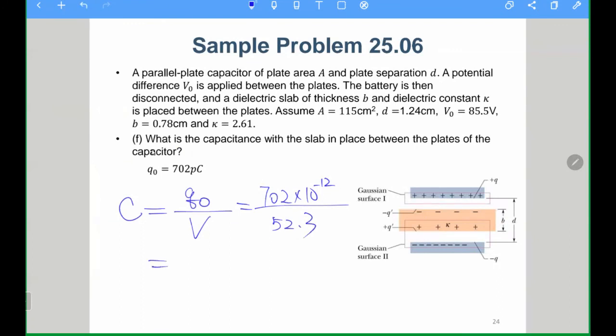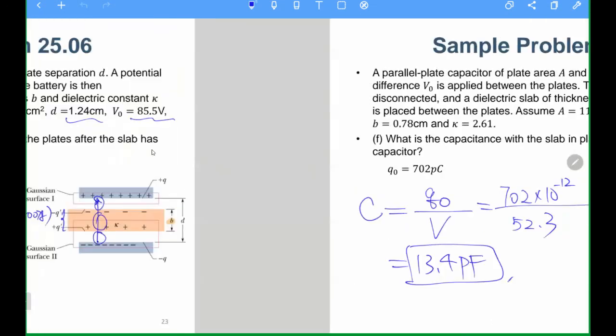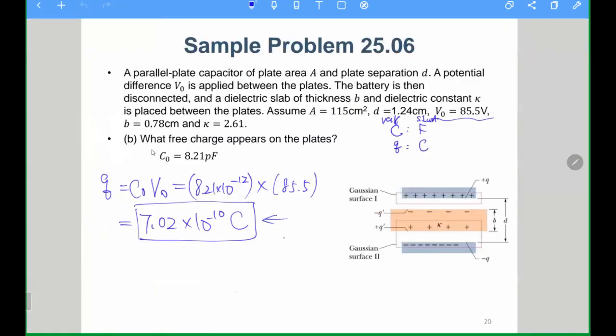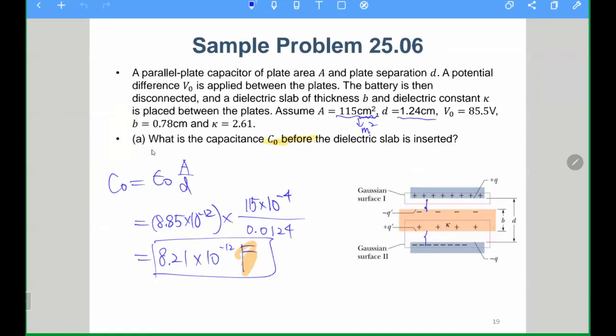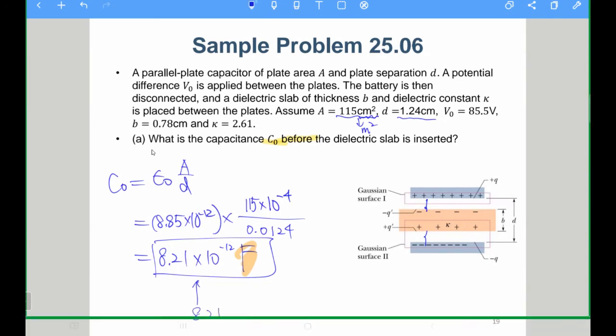This number is 13.4 picofarad. Originally, C0 is 8.21 picofarad.